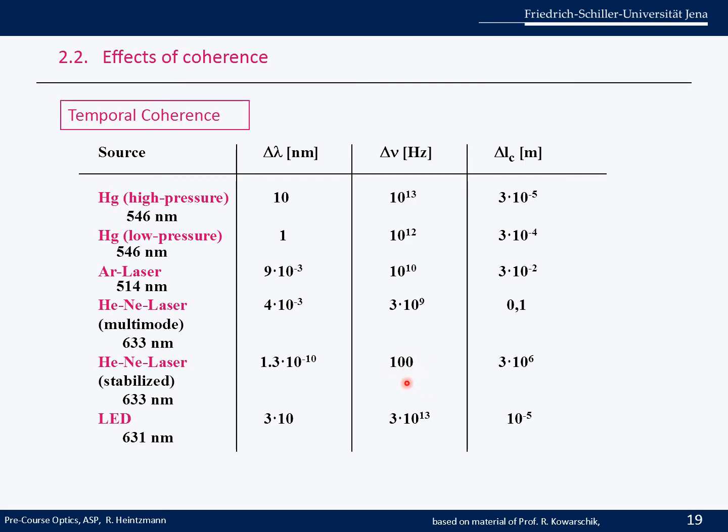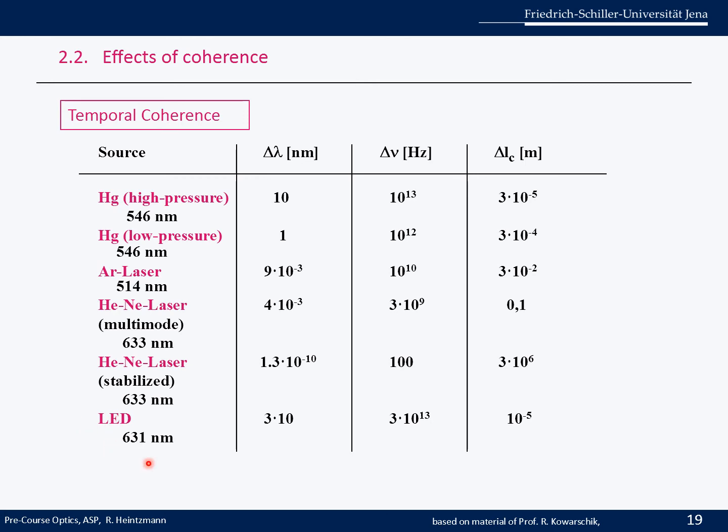In fact, there are even lasers that you can stabilize with some methods in the range of hertz, so that you can even interfere different lasers with each other, because these fluctuations are then so low that you can observe them by eye.